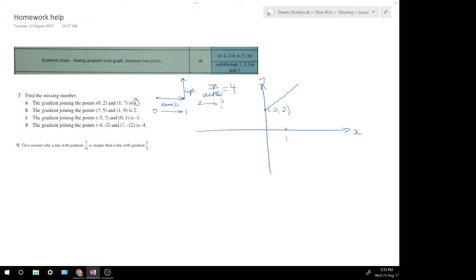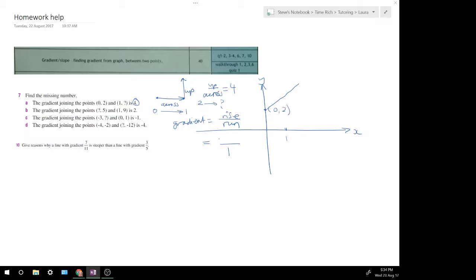If the answer we know is 4, the change in x is always on the bottom, because gradient equals, I think in the book it calls it rise over run. So we know the run, which goes across, is 1. What we don't know is the rise. We do know that the y goes from 2 up to something.